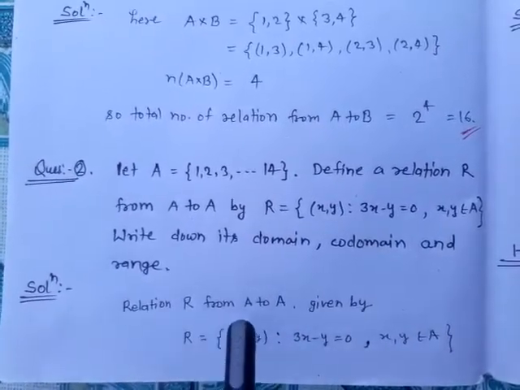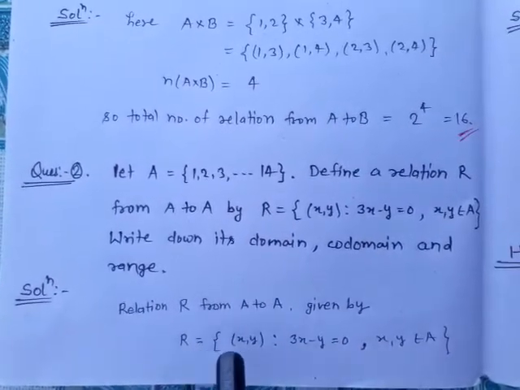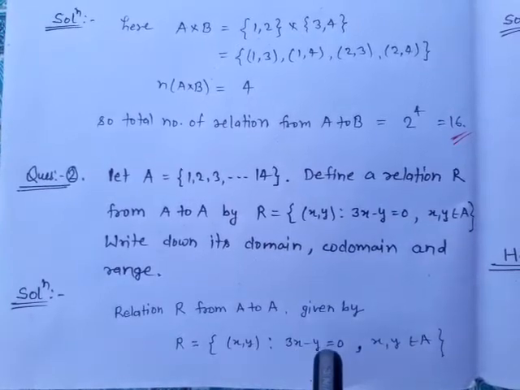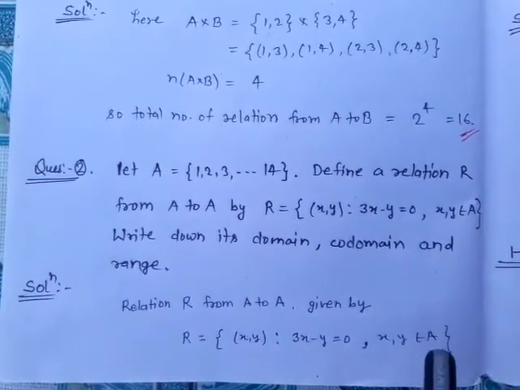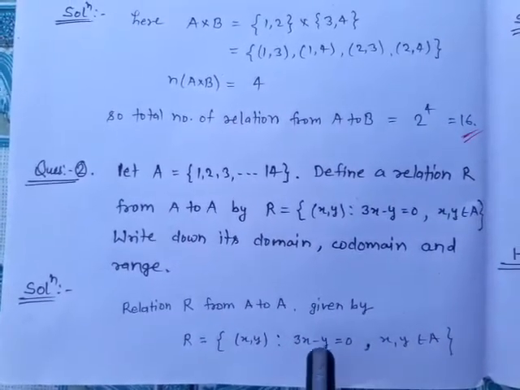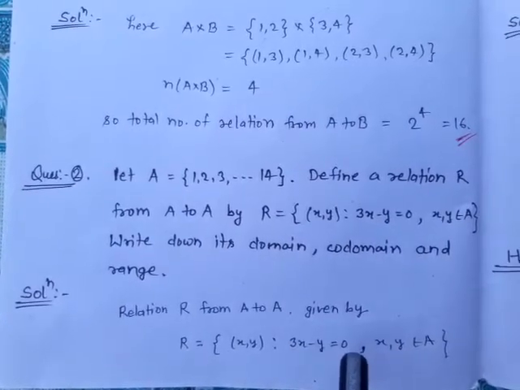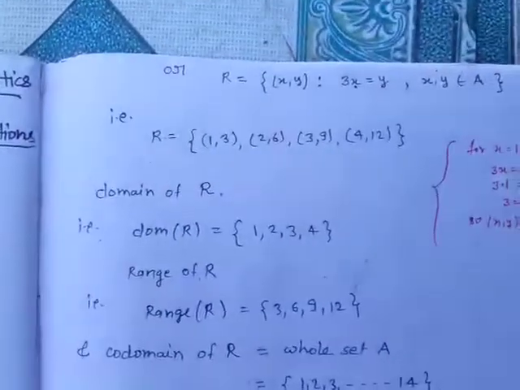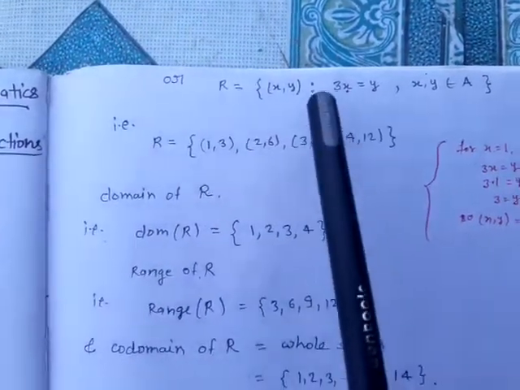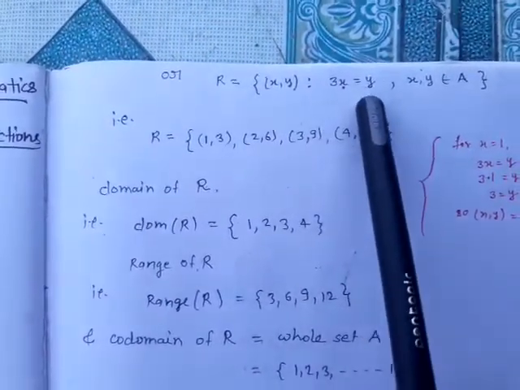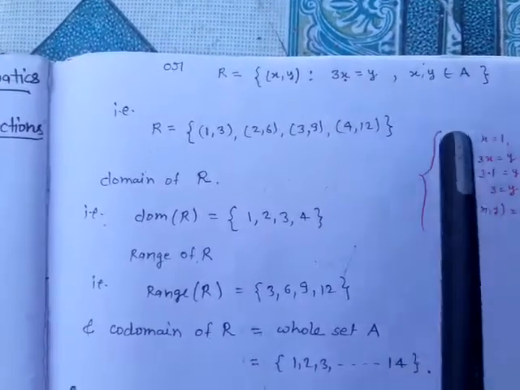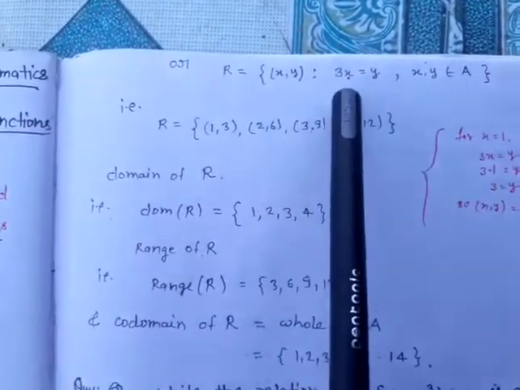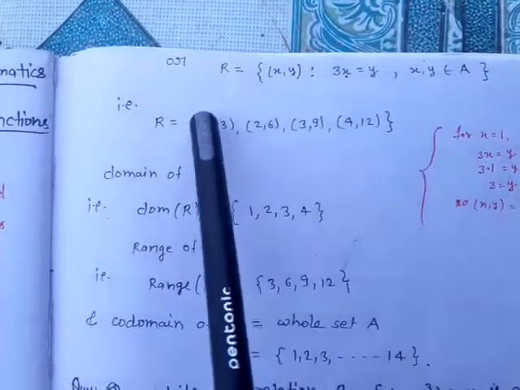Transferring minus y to the other side, we get plus y, so this can be written as R equal to (x,y) such that 3x is equal to y, where x and y belong to A.